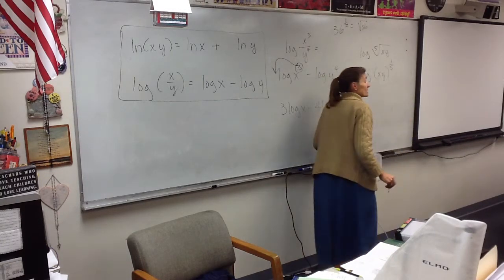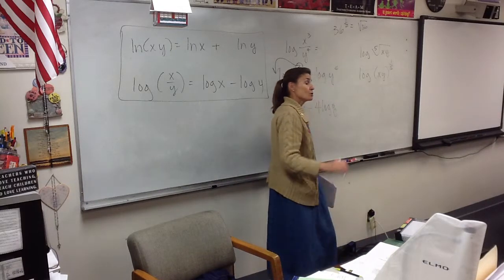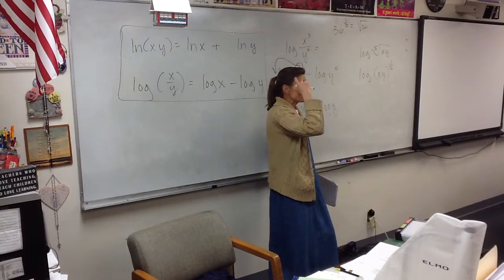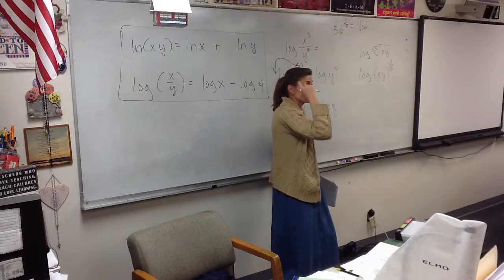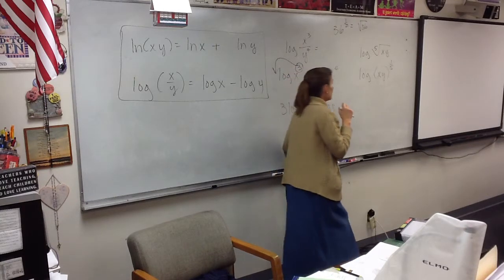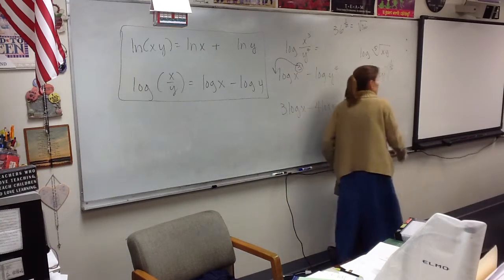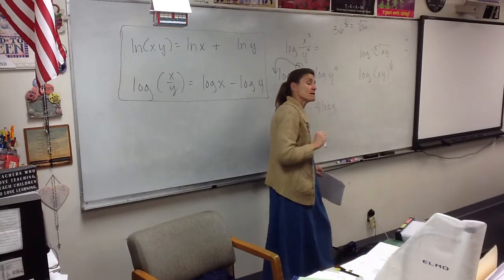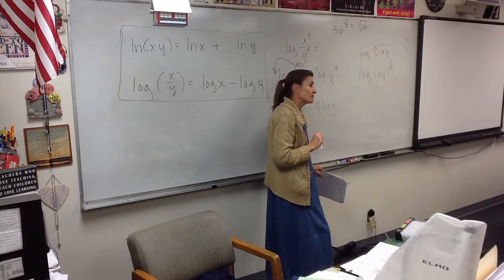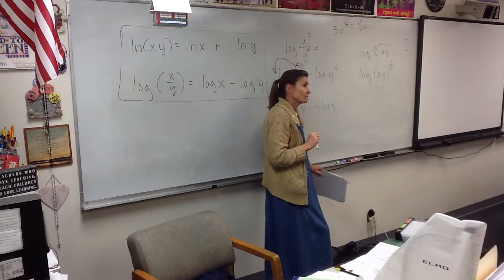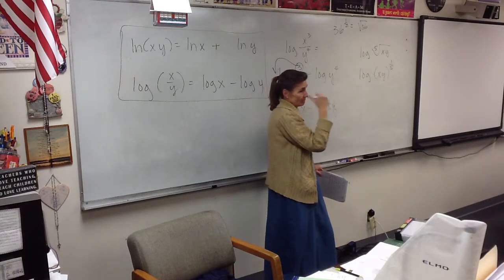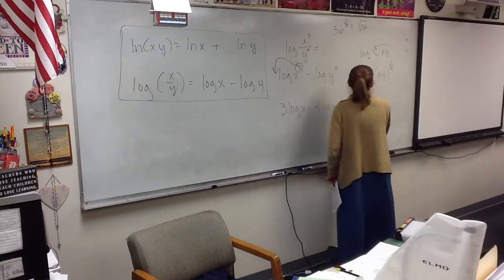Fractional exponents are radicals. So when you see a radical, you immediately think, oh, fractional exponent. The 5th root is the 1/5 power. Now tell me what I'm going to do with that 1/5. Where's he going to go? In front. He's going to go in front.